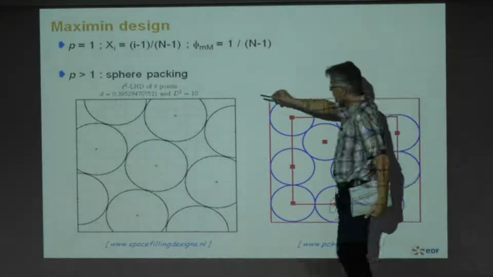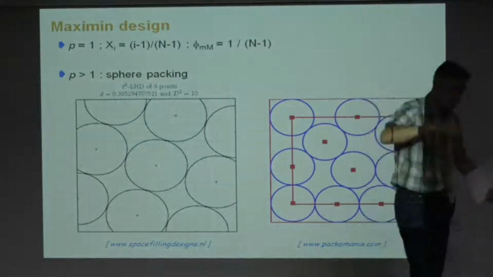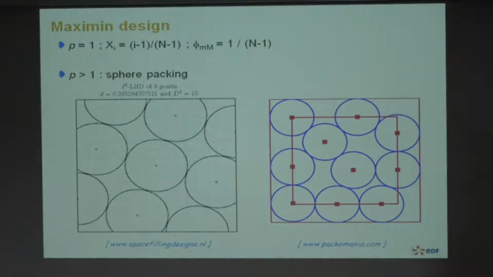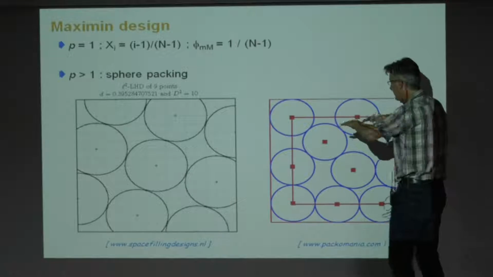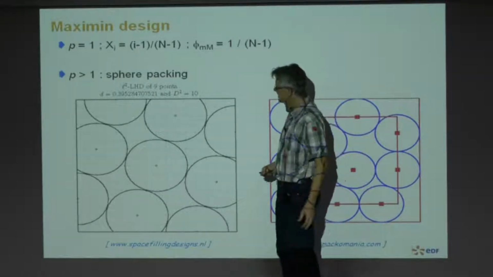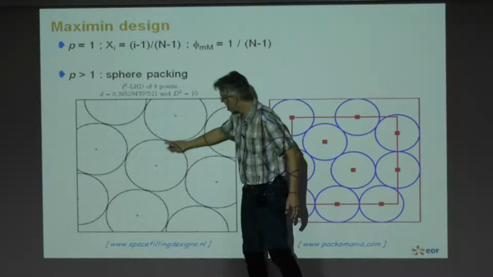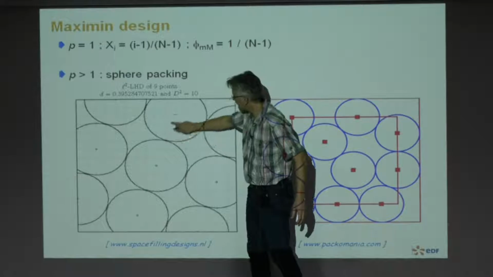In dimension 2, you see this is another geometrical problem which is called the sphere packing problem. You try to pack some spheres of equal radius inside the square. Okay? And the maximin distance will be the diameter of the sphere, because this is 2 times the radius.